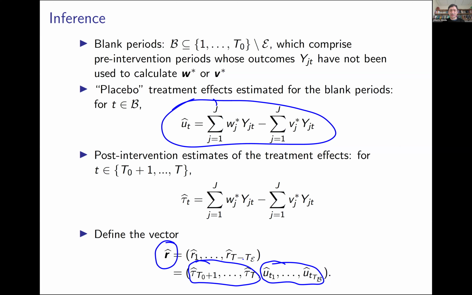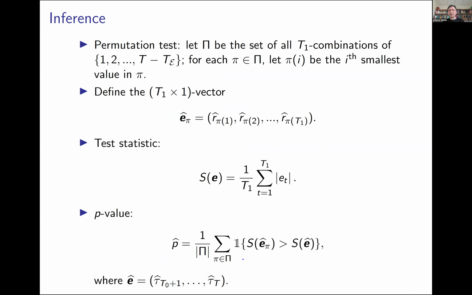So this is a long vector, and from this long vector we are going to take a T1 combination. Remember, T1 is the number of experimental periods. We take T1 elements from this vector, put them in some vector E pi hat, and plug this into some type of test statistic.